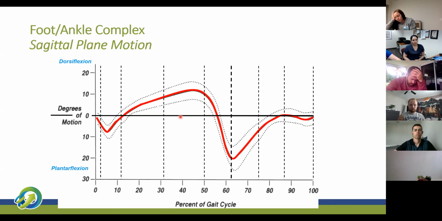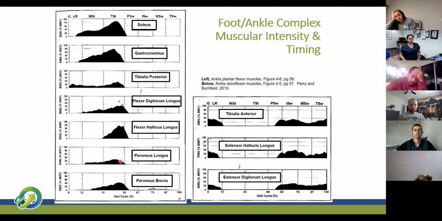I like this one better than this one for understanding what's going on at each phase of gait. But this is good to look at which muscles are working. So if you have an issue with your, like I've had a patient that damaged their peroneal nerve and their tibialis anterior was deficient.